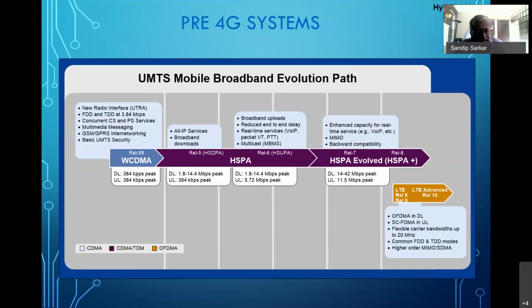OFDMA, on the other hand, since each symbol is quite small in frequency, the footprint is very small in frequency. They're still coherent, and so you can still do a one-tap equalizer at the receiver. The advantage with one-tap equalizing is when you are doing this in conjunction with MIMO, the number of taps times the order of the MIMO, suppose that number is n, then you have to invert an n cross n matrix for MIMO processing.